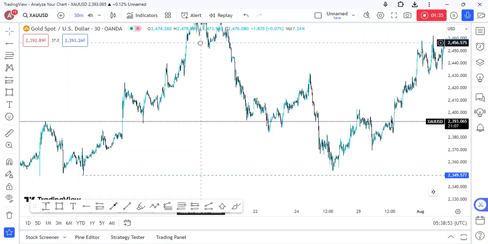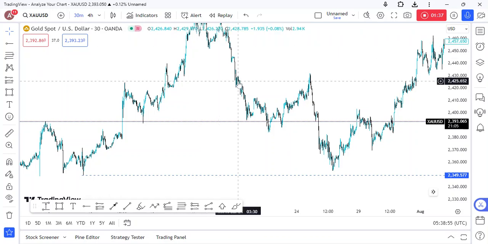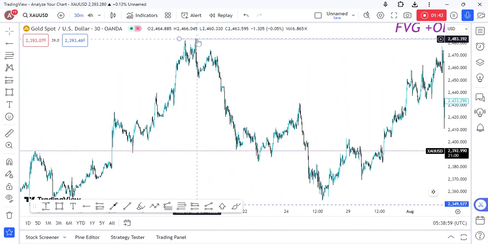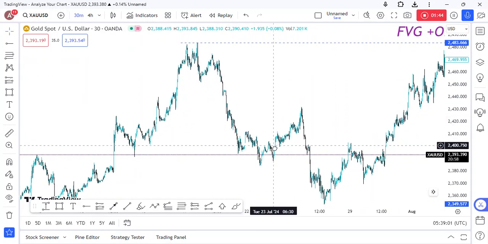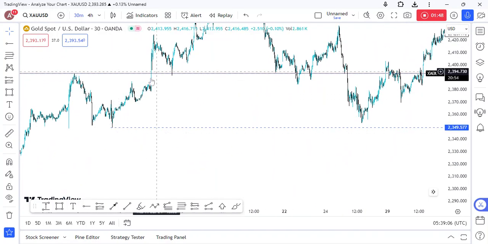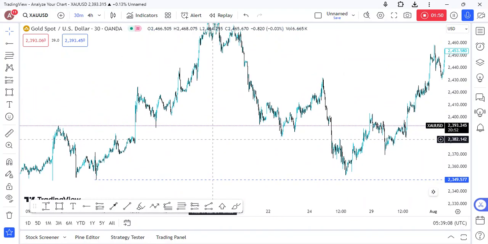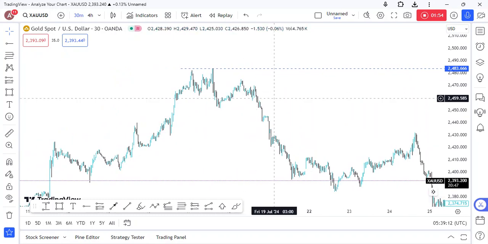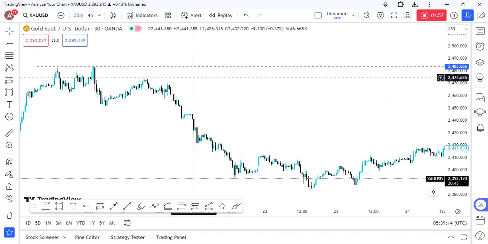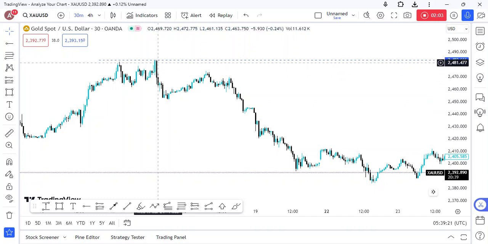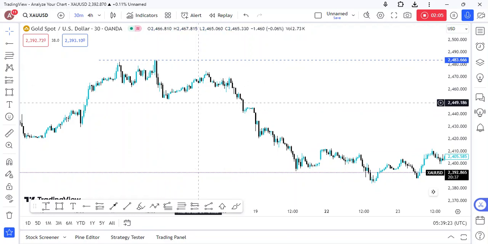So the first rule I use is that first you have to see an aggressive move. There's an aggressive downside move and it started all the way from here, and there's an aggressive upside move and it started all the way from here. Now we want to look for the last bullish candle before this downward movement.